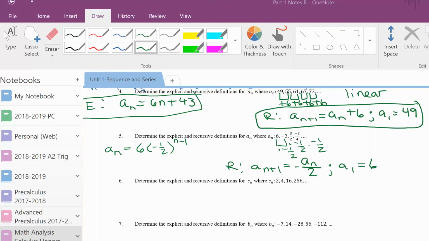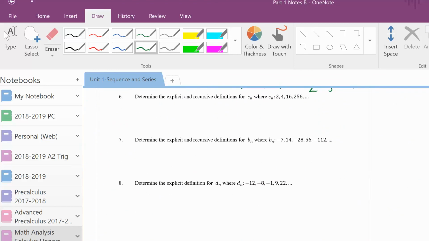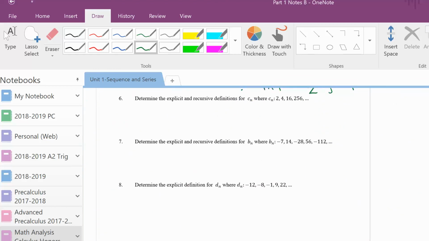So the next one is not as straightforward. So here you notice you're multiplying by 2, then by 4, then by 16.